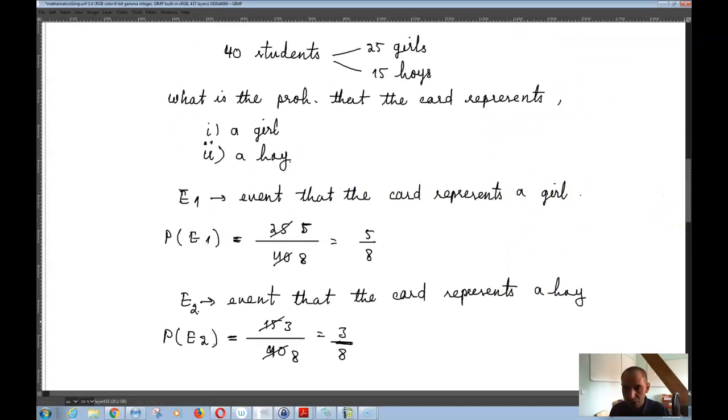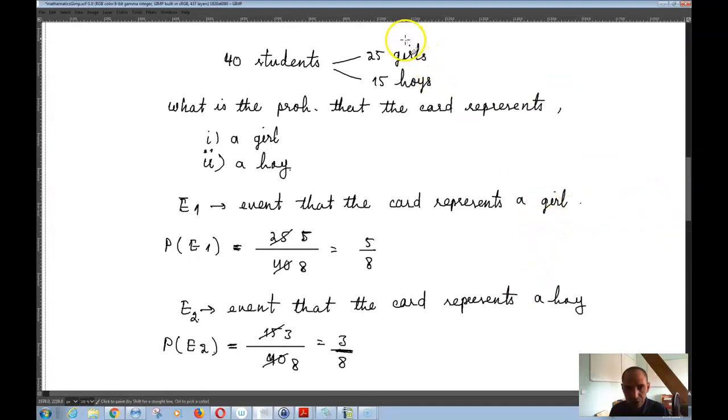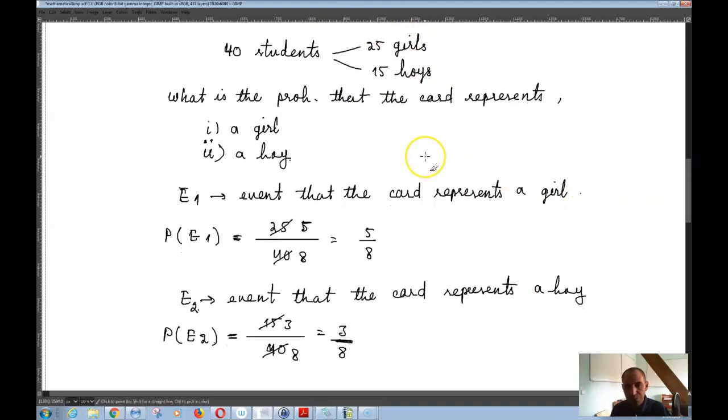There are only these two sorts of outcomes in this experiment. So it's really enough to calculate P of E1, and from P of E1 you can calculate P of E2, because as you can see here, P of E1 plus P of E2 is equal to 1, which means that 5/8 plus 3/8 is equal to 8/8, which is equal to 1.